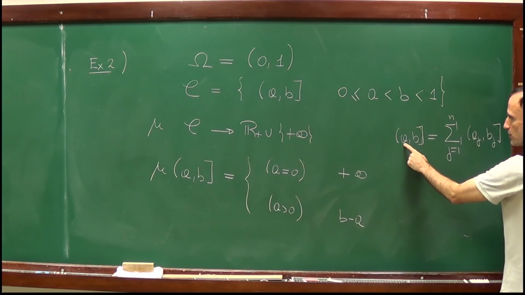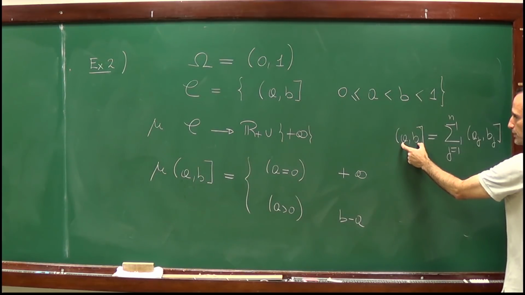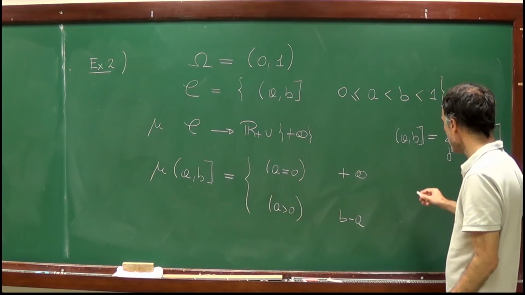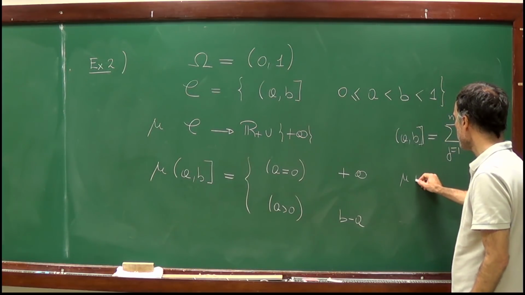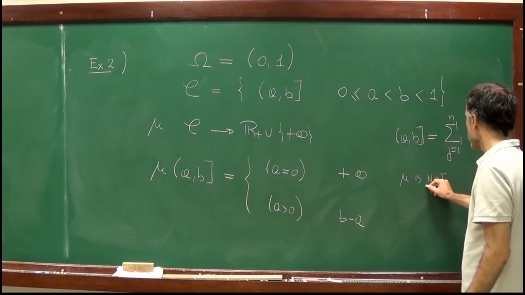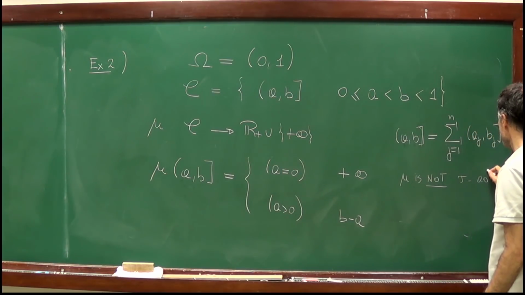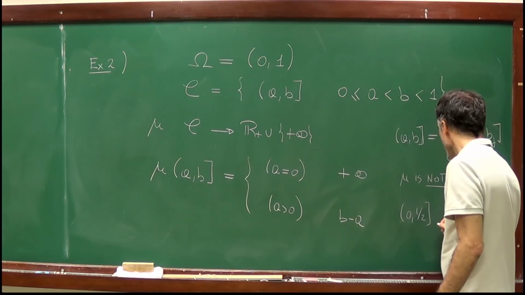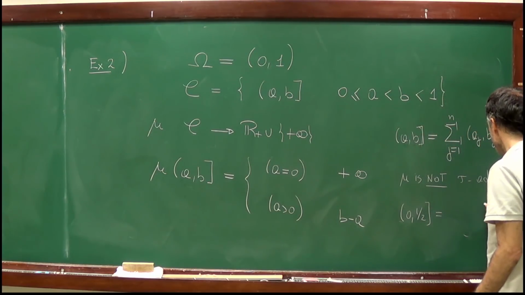While if a is strictly positive, this will be the length of the interval (a,b], and this will be equal to the sum of the lengths of these intervals. So I leave it to you to check that indeed mu is additive. But what now I claim is that mu is not sigma additive, because I can write the interval, say, (0,1/2] as a union of intervals.